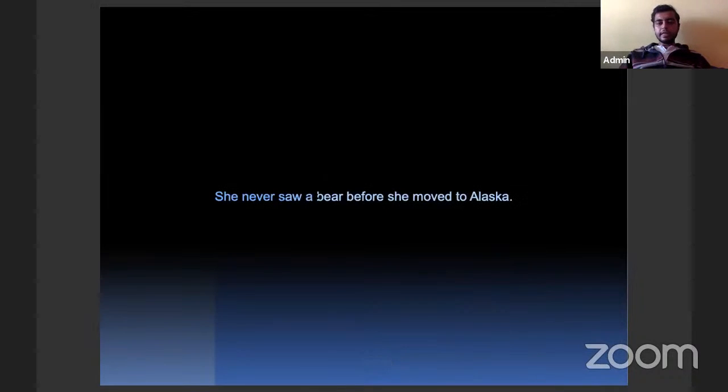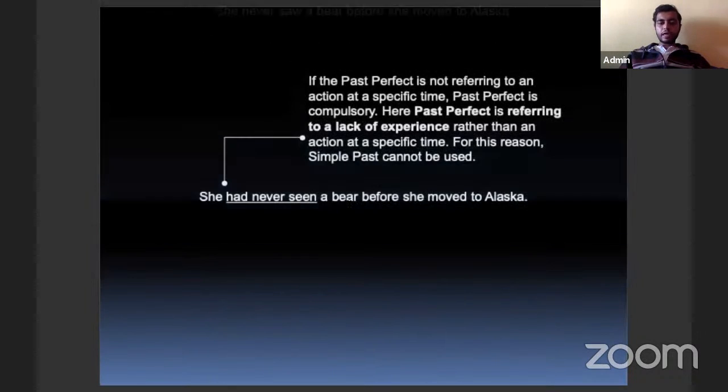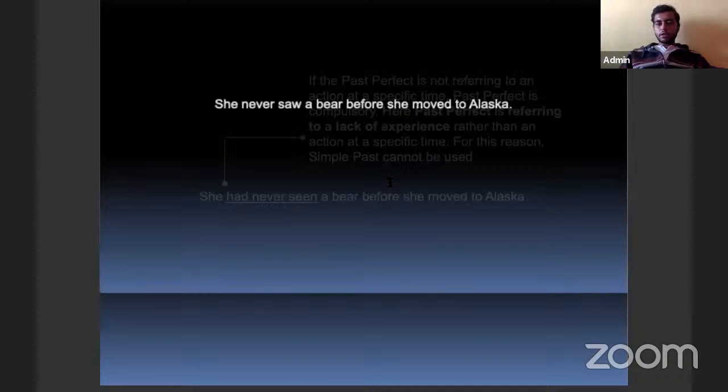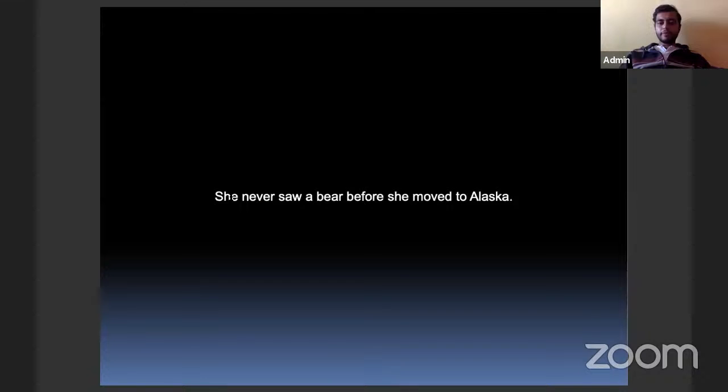Which is why "she never saw a bear before she moved to Alaska" is incorrect, and "she had never seen a bear before she moved to Alaska" is the correct usage. We use sentences like these very frequently, but they are grammatically incorrect.